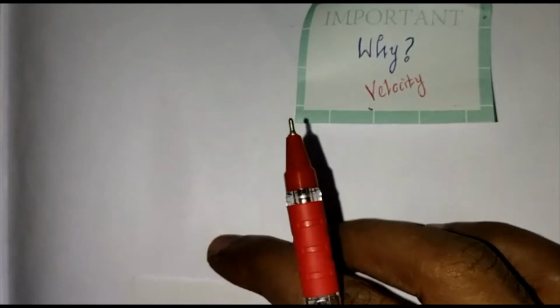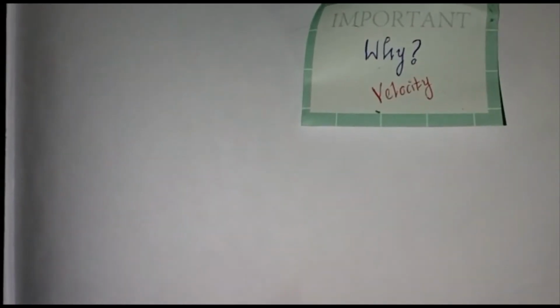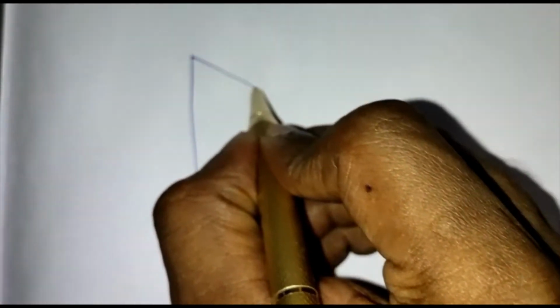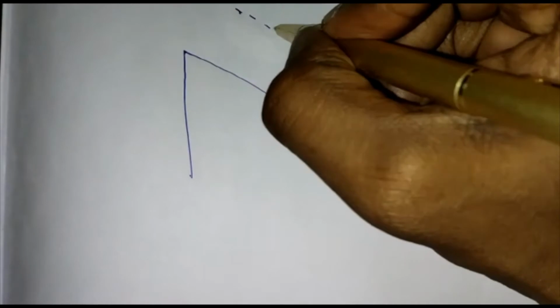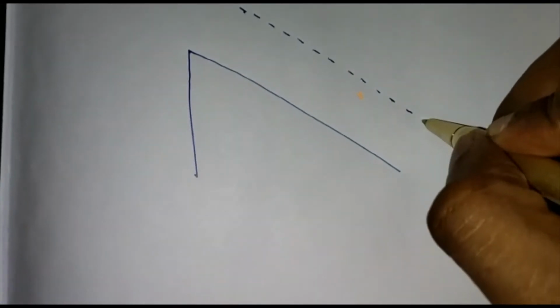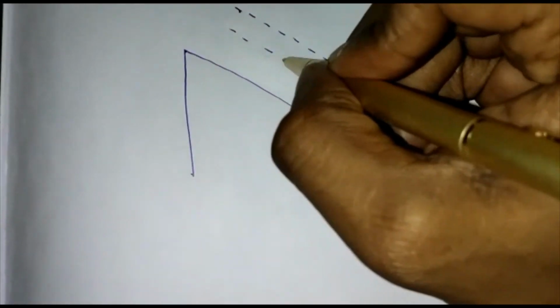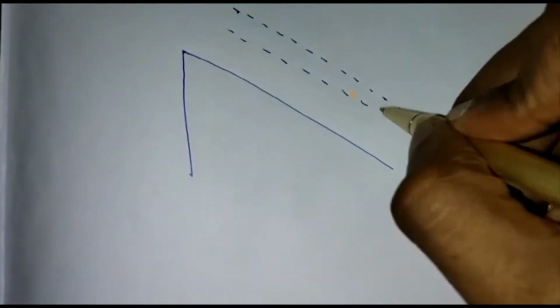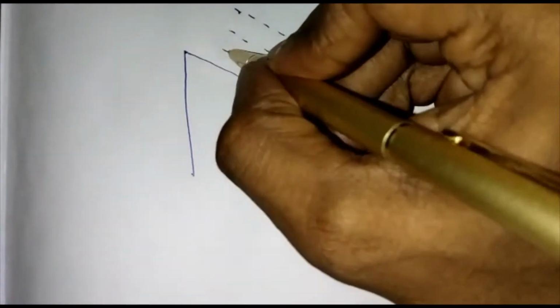Okay, first let me represent the physical scenario here. The physical scenario is an inclined plane. So let me draw an inclined plane first. This is the inclined plane on which a liquid is flowing. It may be water, it need not necessarily be water, but water is a very conducive assumption.